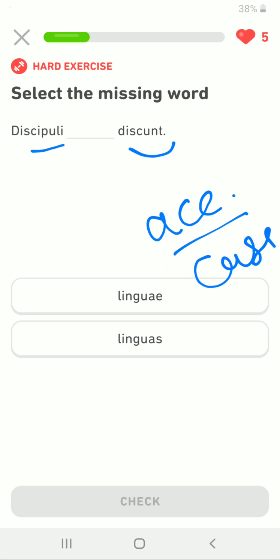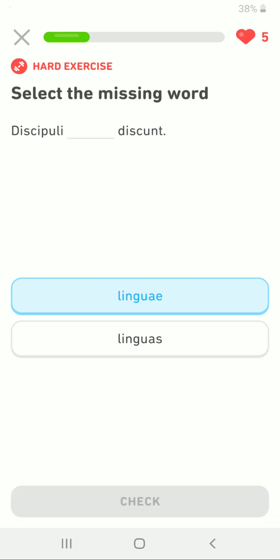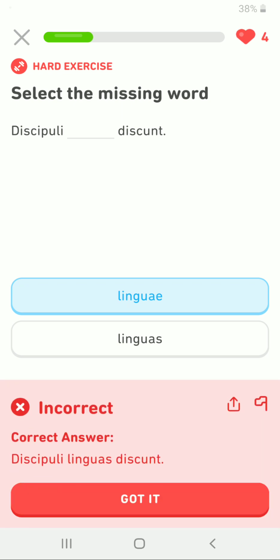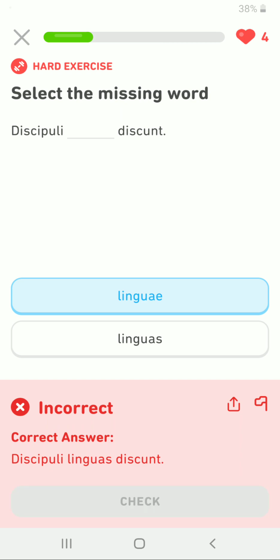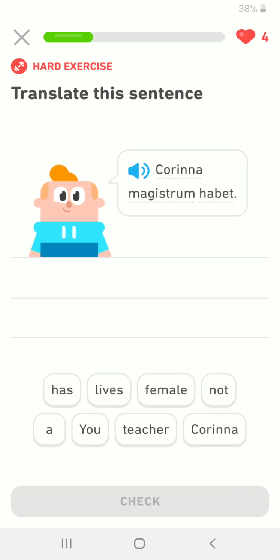I would guess that it's lingue. I think it's lingue. It's not good. So it is linguas. So linguas is the accusative case of lingua.